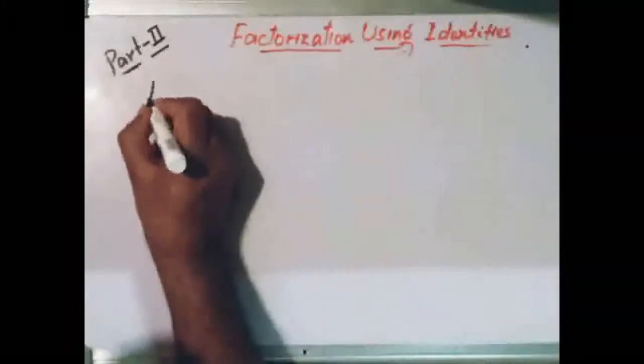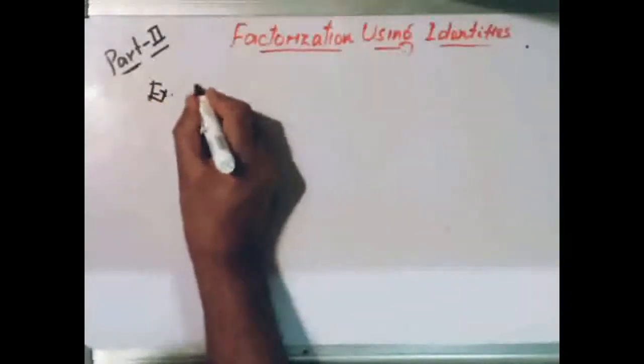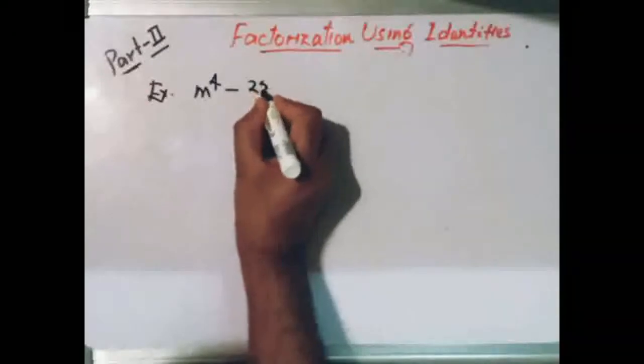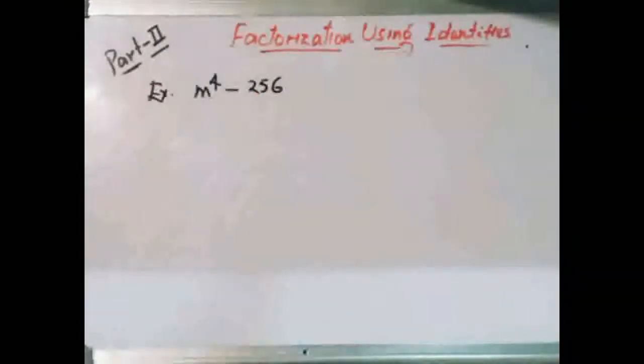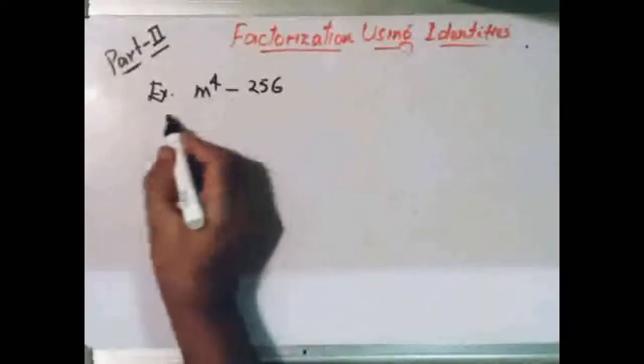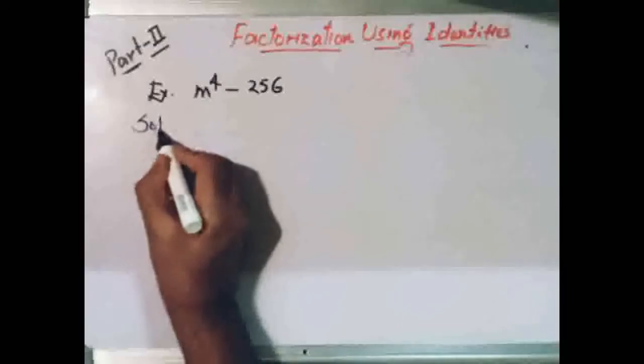The example is m raised to power 4 minus 256. We have to find the factors of this given expression. Okay, so we can put it like this.